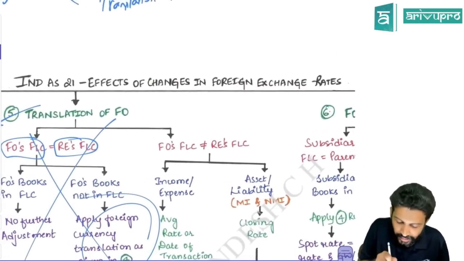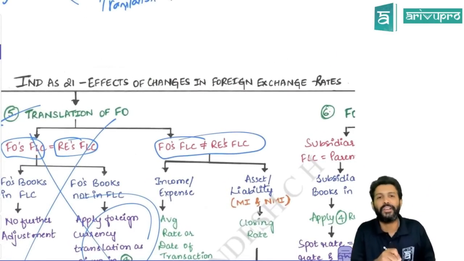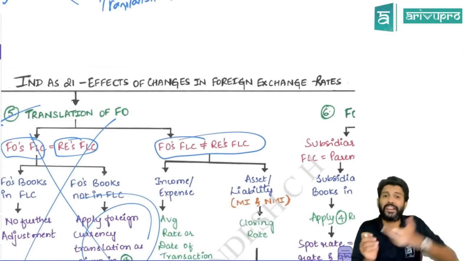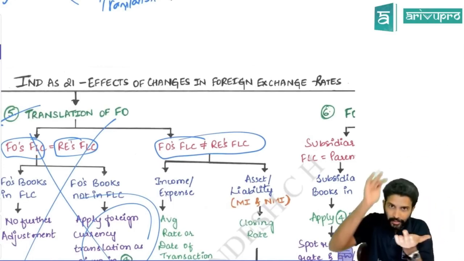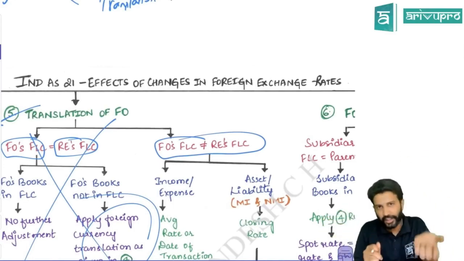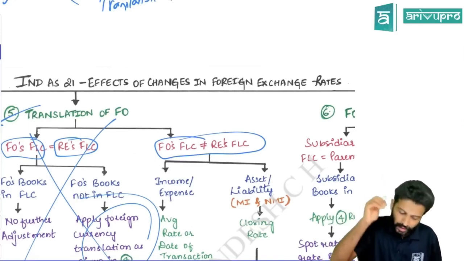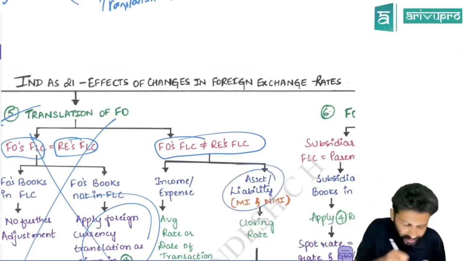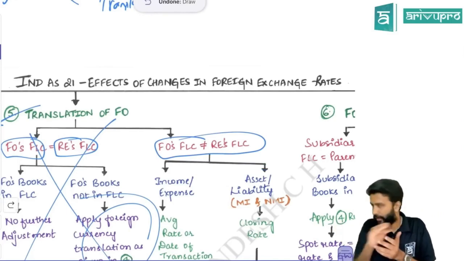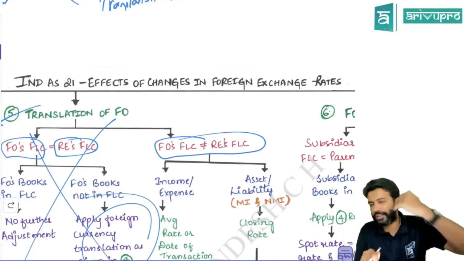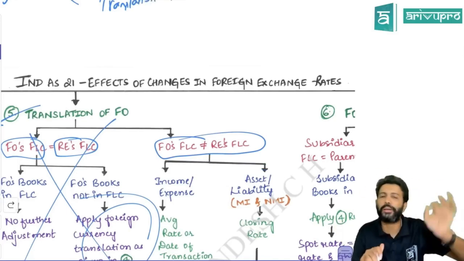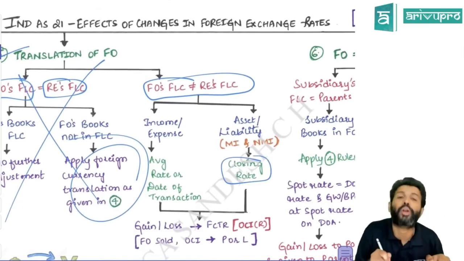Another one is popular, where the foreign operation's functional currency and the reporting entity's functional currency are not the same. Like the functional currency of the parent is Indian rupees and the subsidiary's is something else. In that case, what to do? First, all assets and liabilities, doesn't matter whether monetary or non-monetary, will be converted at the closing rate.